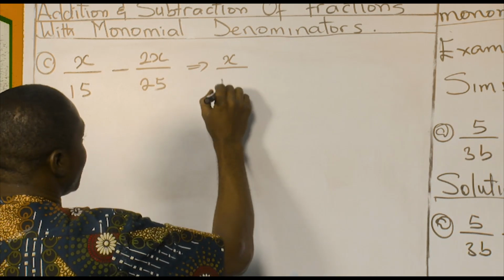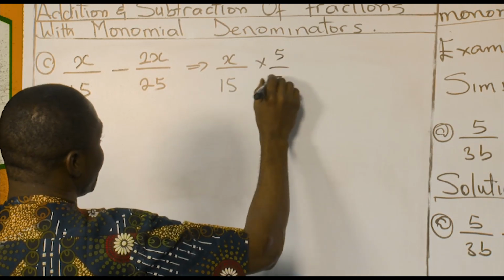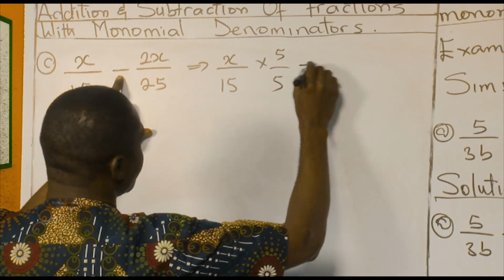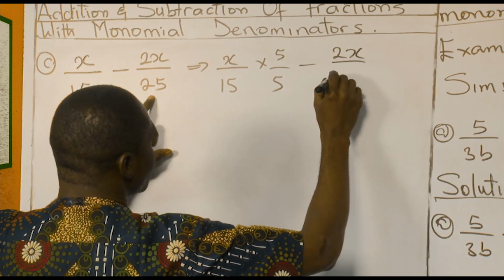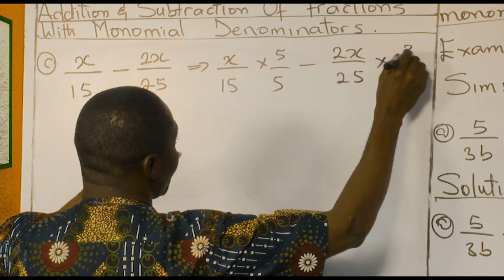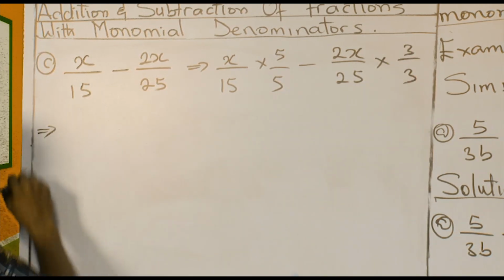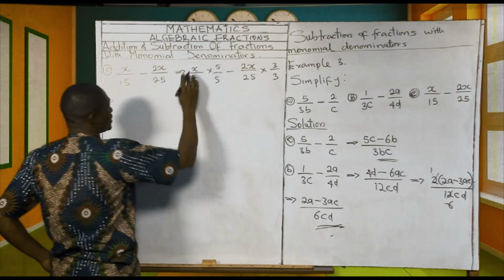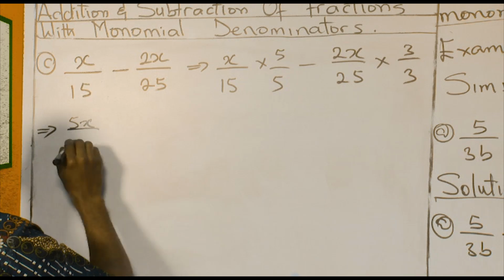So x over 15 multiplied by 5 over 5, minus 2x over 25 multiplied by 3 over 3. And this will give us x multiplied by 5 gives us 5x over 75.